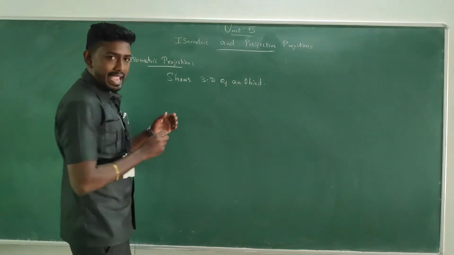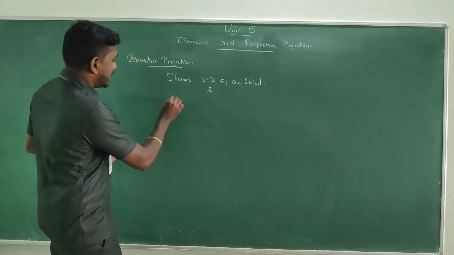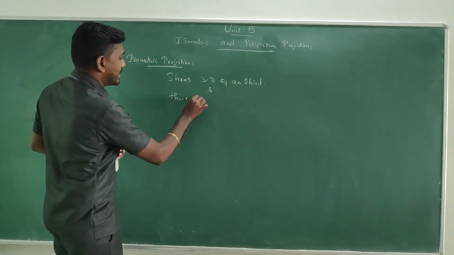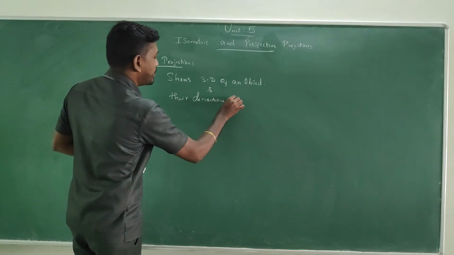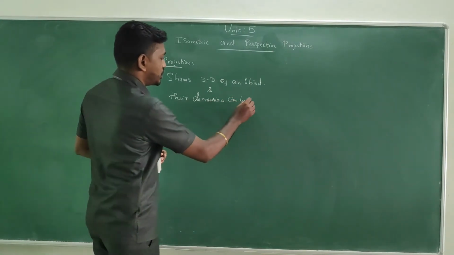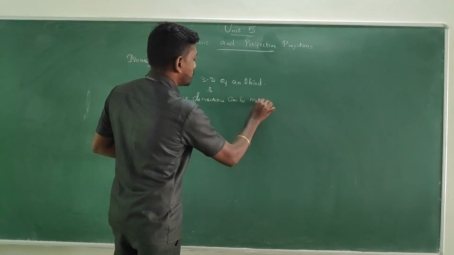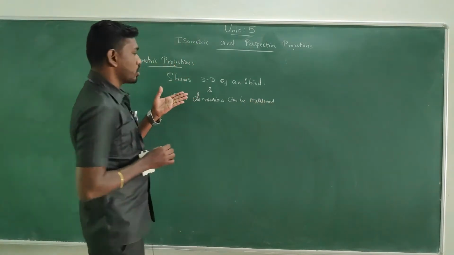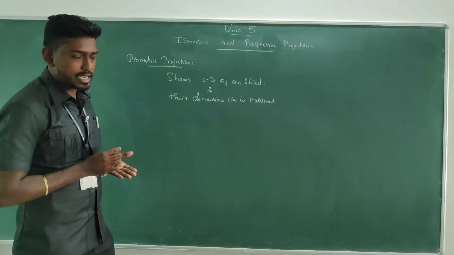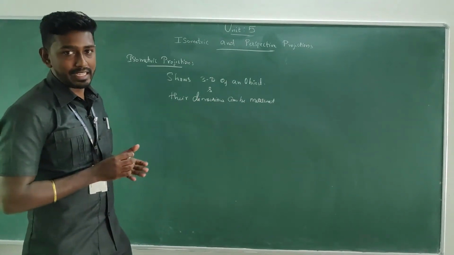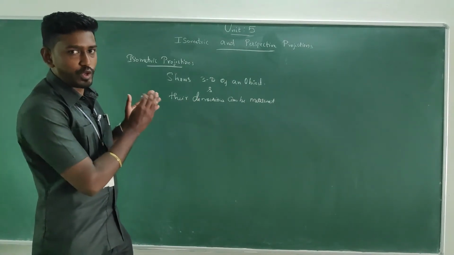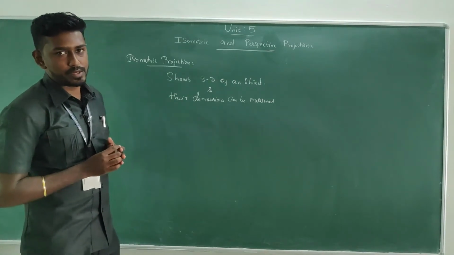Its speciality is that the dimensions can be measured. It shows the three dimensions of the object and the dimensions can be measured from the diagram itself. From the same view we can get all the things, right?